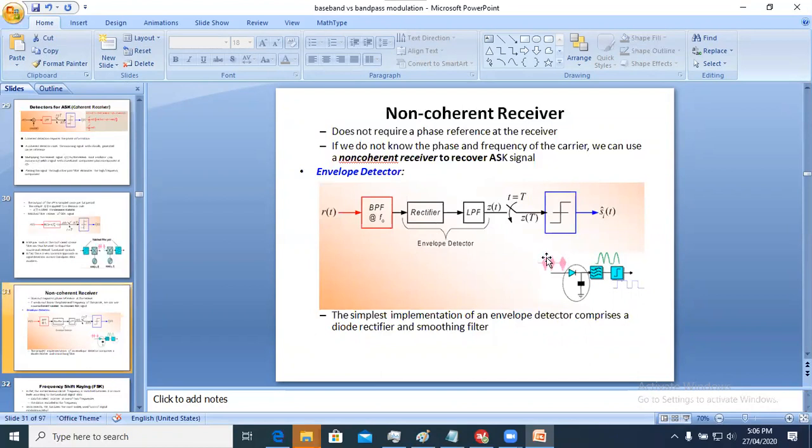And from the positive part, we retrieve the envelope by using the low pass filter, and the high frequency component is filtered by this low pass filter. So this low pass filter is used for envelope detection, and in fact we sample the envelope and detect what message is communicated.